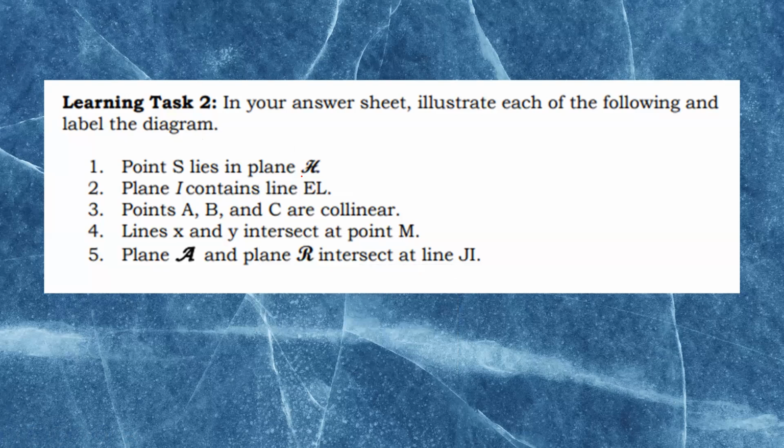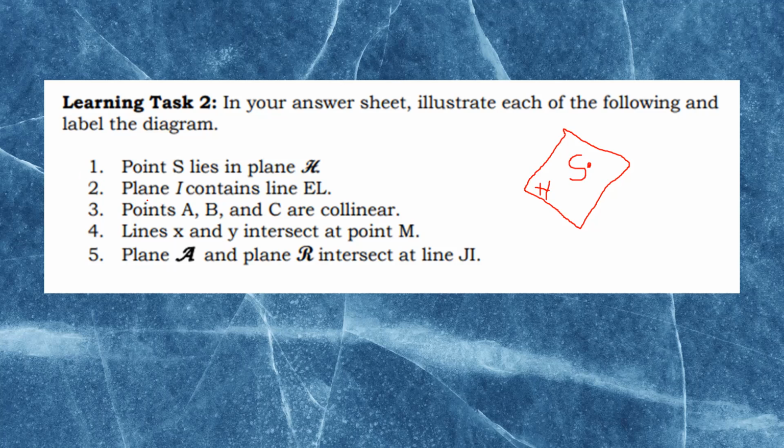So number 1, we have point S lies in plane H. So you just have to draw plane H. So just any rectangular object, then plane H. Then you have to draw a point here, then name that point S. So this is for number 1. Point S lies in plane H.